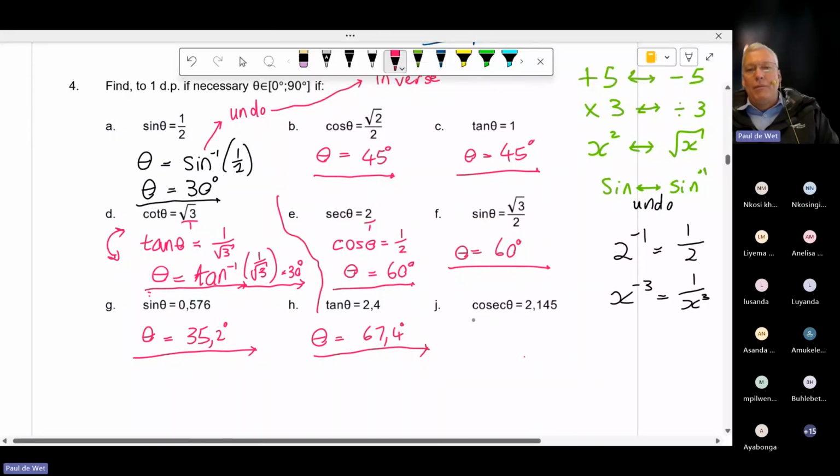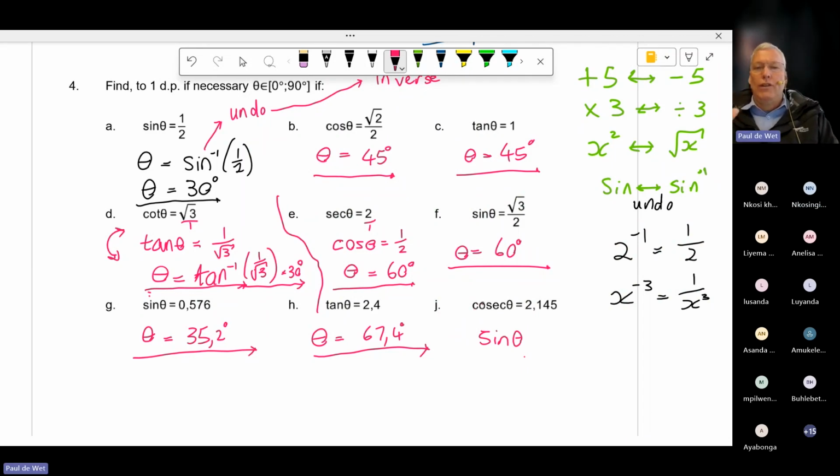Now, guys, this one here, I'm going to have to use my calculator. I'm going to go sine theta because I'm going to turn cosec upside down. This is going to be 1 over 2,145. I don't need to work this out. On the next stage on my calculator, I'm going to undo sine of 1 over 2,145.